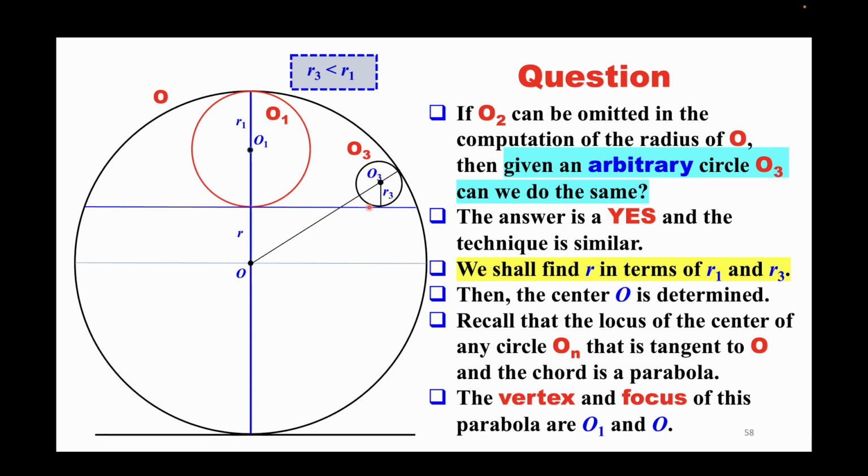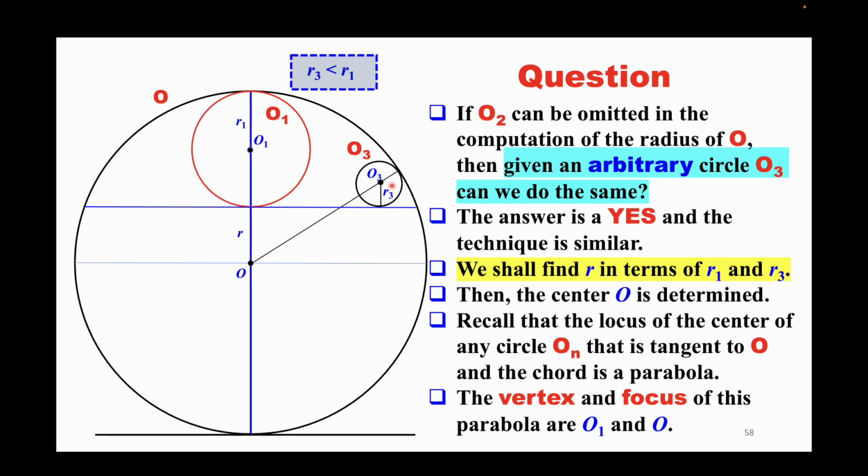So the question is, given a circle O and a chord, and the circle O1 tangent to the north pole of O and midpoint of the chord, and the arbitrary circle O3 tangent to O and chord, is it possible to represent R by only using R1 and R3?